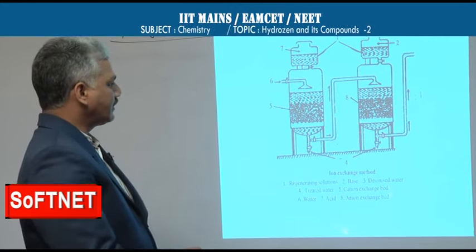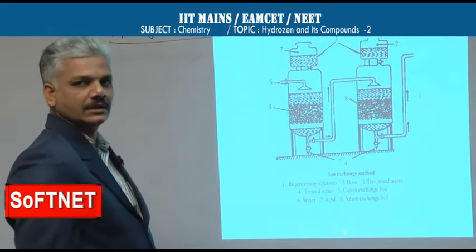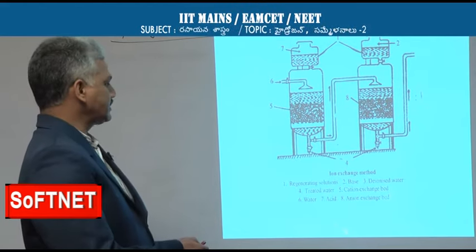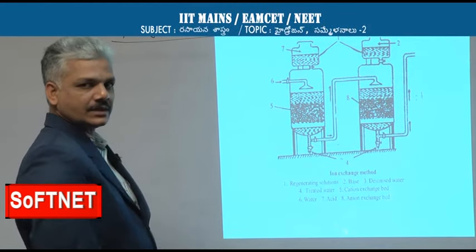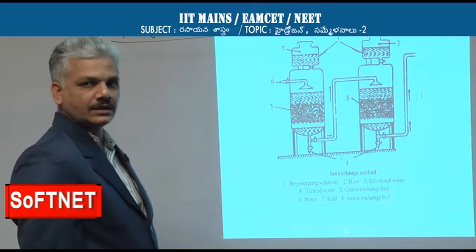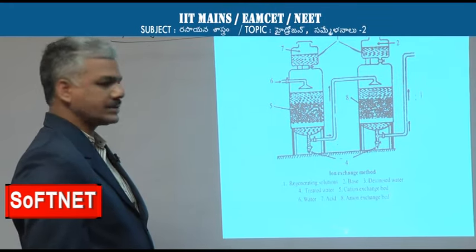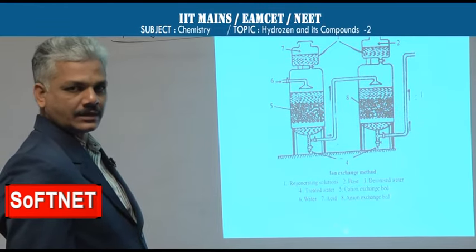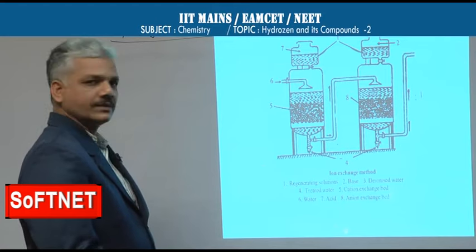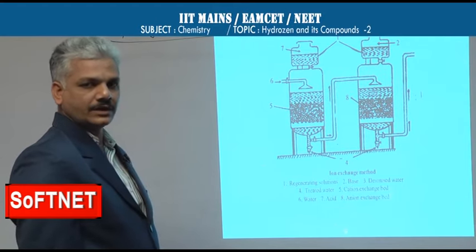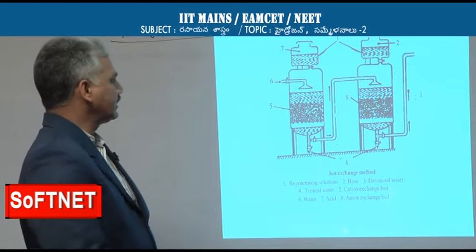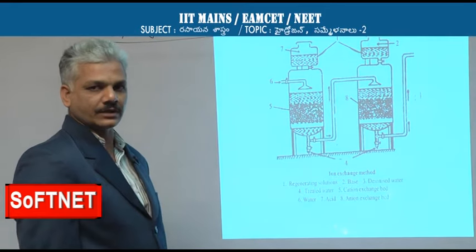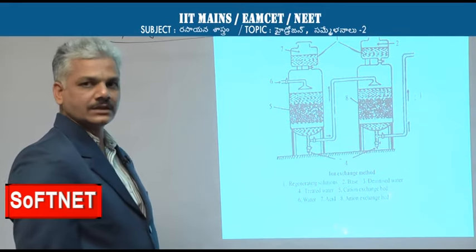Hence, the water coming out from the second chamber is free from all types of cations and anions. Hence, the water purified by this method is called deionized water or demineralized water, as it is free from all types of dissolved content. This method can be used for the conversion of saline water into drinking water, because in any other method only calcium and magnesium ions are removed, but not other types of ions.